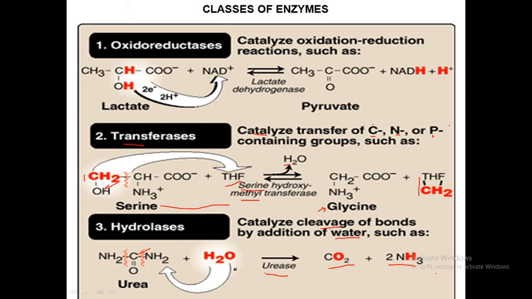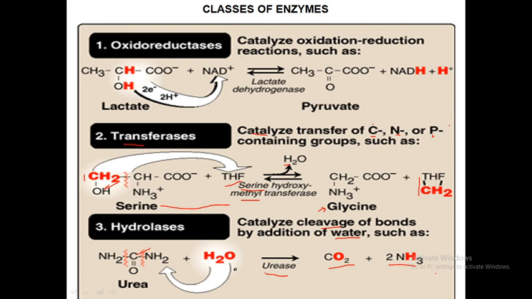Then there are esterases, which act on esters, and carbohydrases, which act on carbohydrates. Within the proteases there are carboxypeptidase and aminopeptidase. Where do carboxypeptidase and aminopeptidase act?